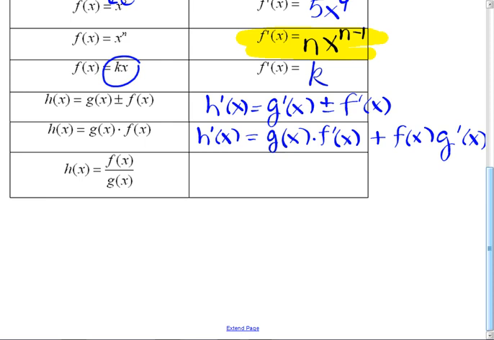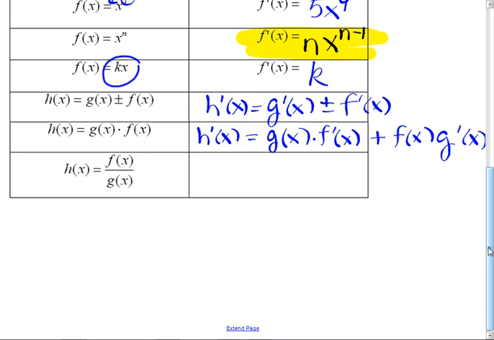If you have a product, you cannot multiply the two derivatives together. You have to take the first function times the derivative of the second plus the second times the derivative of the first. If you learn it in words, that's the easiest. Does it matter if I switch the order here? Nope. This is addition, it's commutative, no problem.